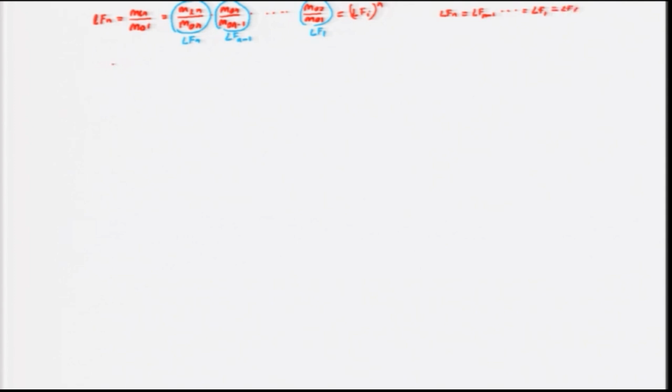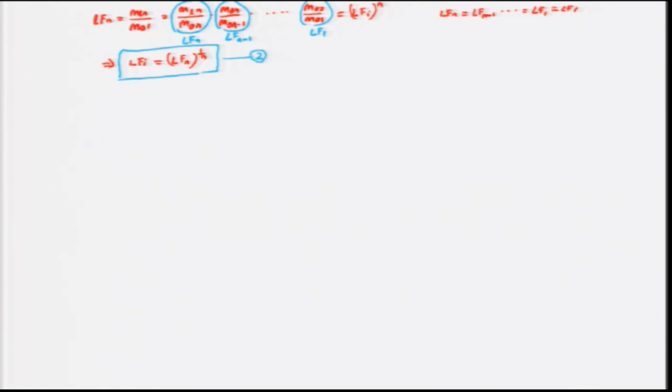Therefore, I can write that LF_I is equal to LF_n power 1 by n. This is your equation 2.